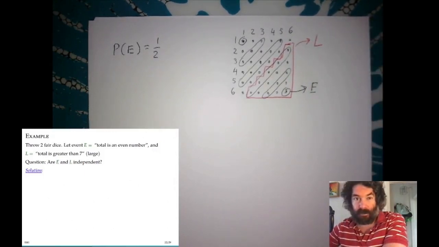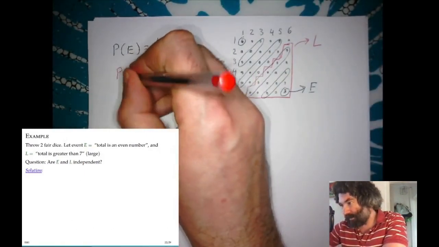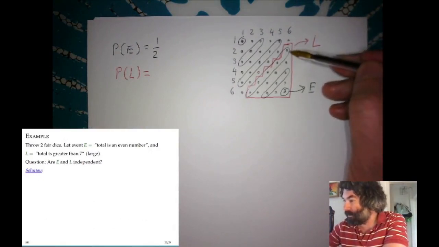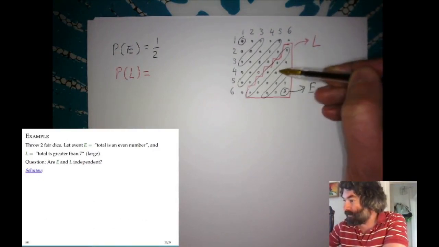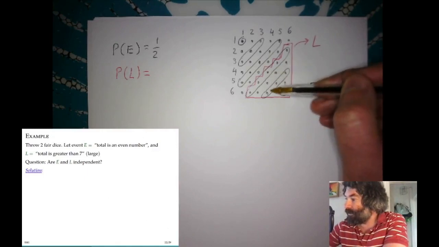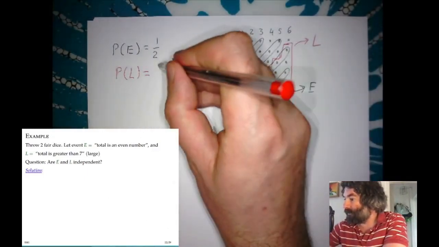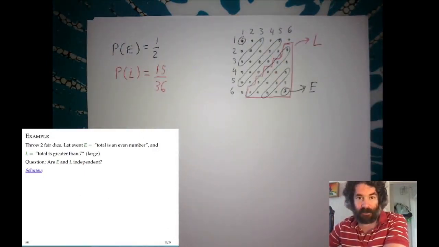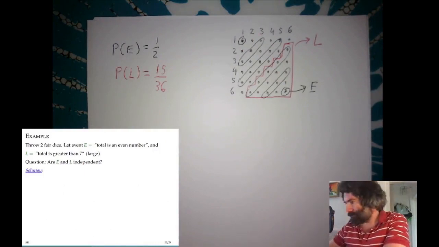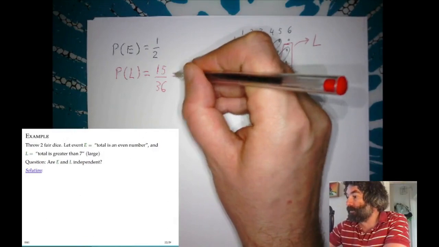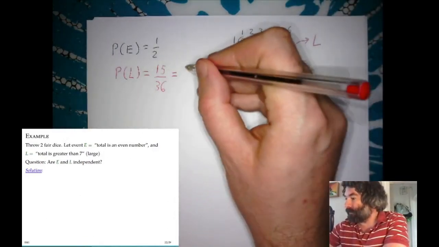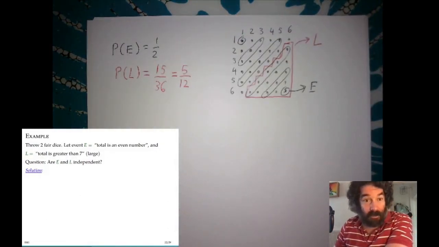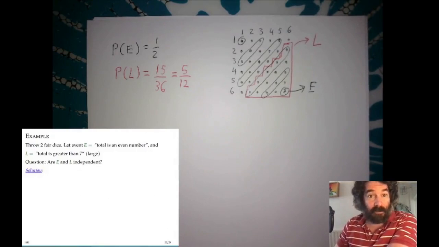L. In order to determine the probability of the total being greater than 7, we have to count the number of outcomes in L. There's 1, 2, 3, 4, 5, 6, 7, 8, 9, 10, 11, 12, 13, 14, 15. So 15 out of 36 total outcomes for the probability of L. If we want, we can reduce this fraction to 5 out of 12. The probability of getting a total greater than 7 is 5/12.